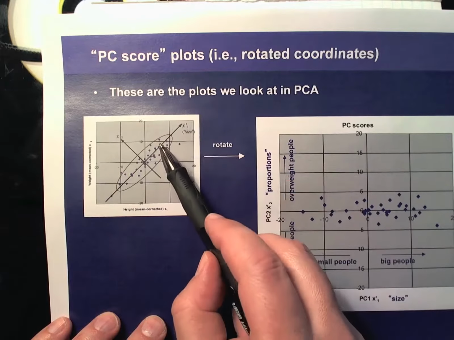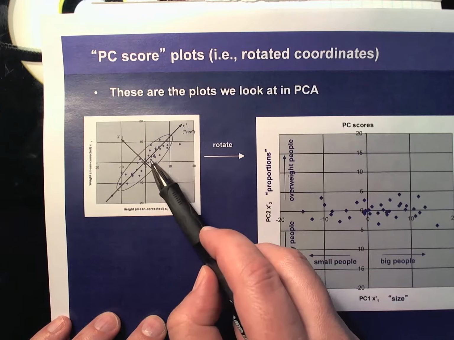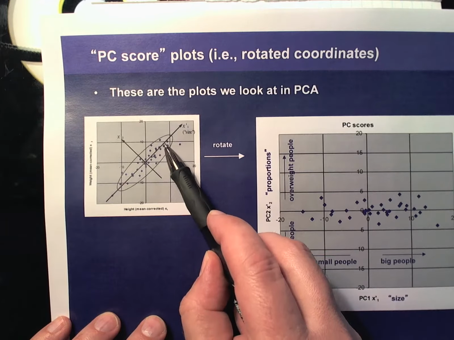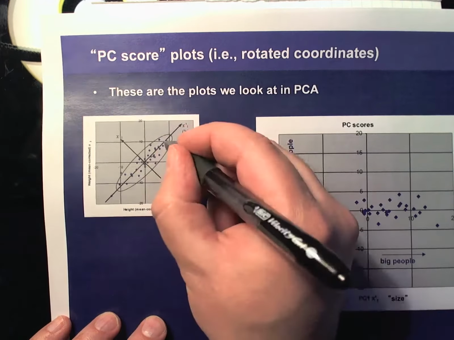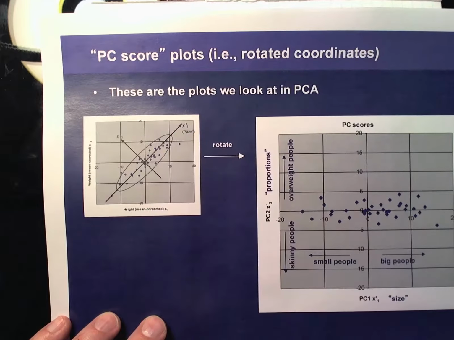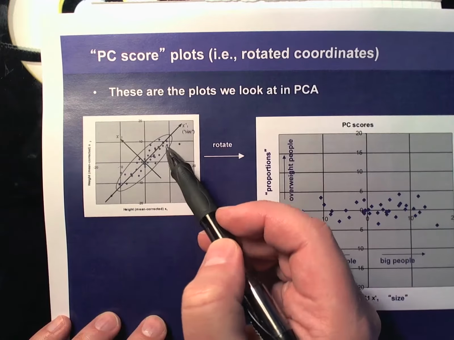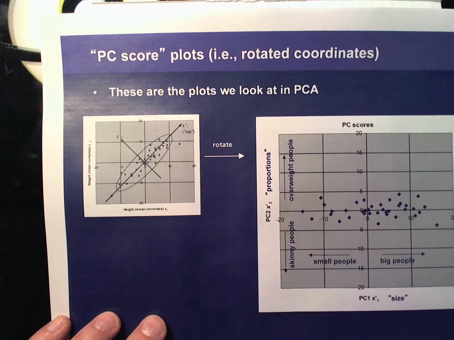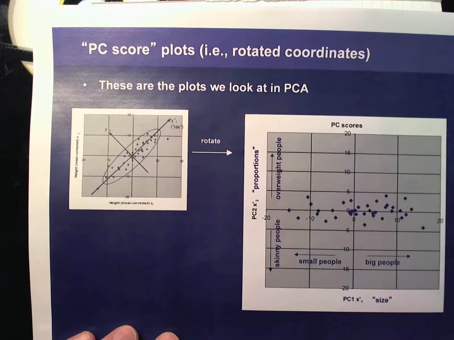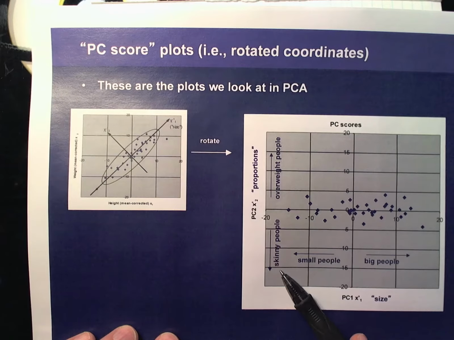So let's take this person. This person has a size that's up to this value, but you can see that for that size, this person has a weight that's even higher than that. So that person is overweight. So above the horizontal is overweight, and below are skinny.